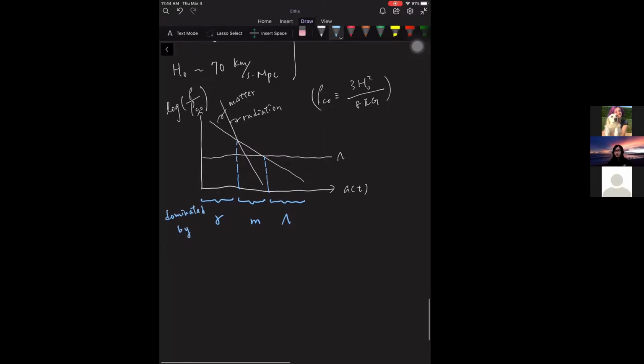Okay, and we know that a(t), the scale factor, is related to the redshift as 1 over 1 plus z, right?